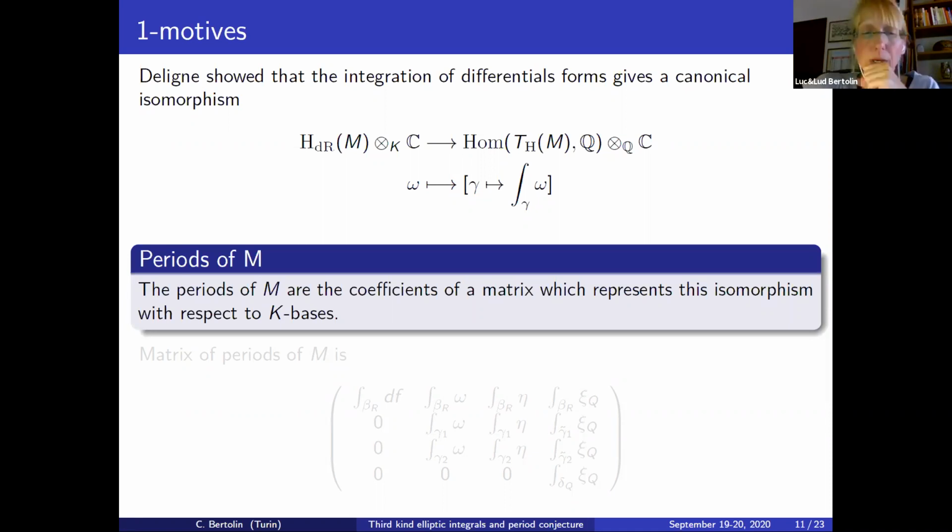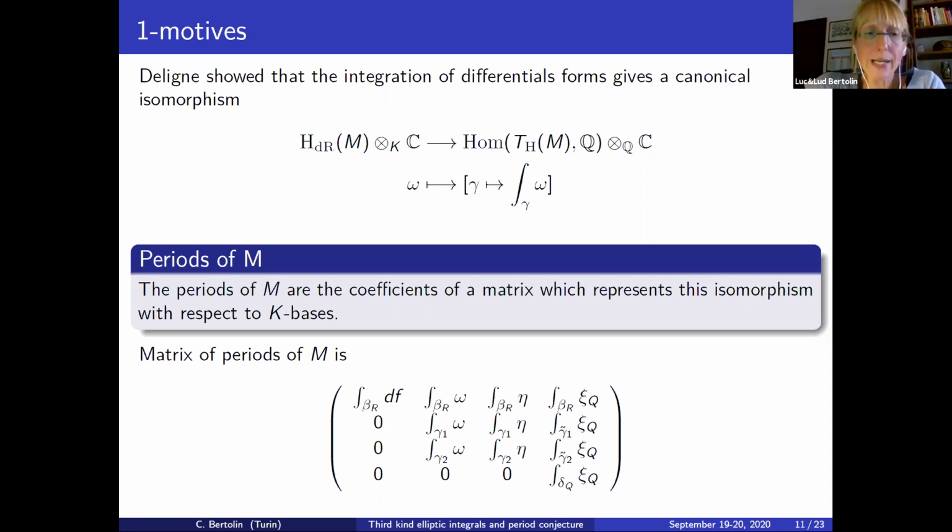So the periods are just the matrix of this isomorphism. This is true in general. The periods of an elliptic curve are the coefficients of a matrix which represents the above isomorphism with respect to K bases. This definition is not only for one motif, this is in general for projective varieties.